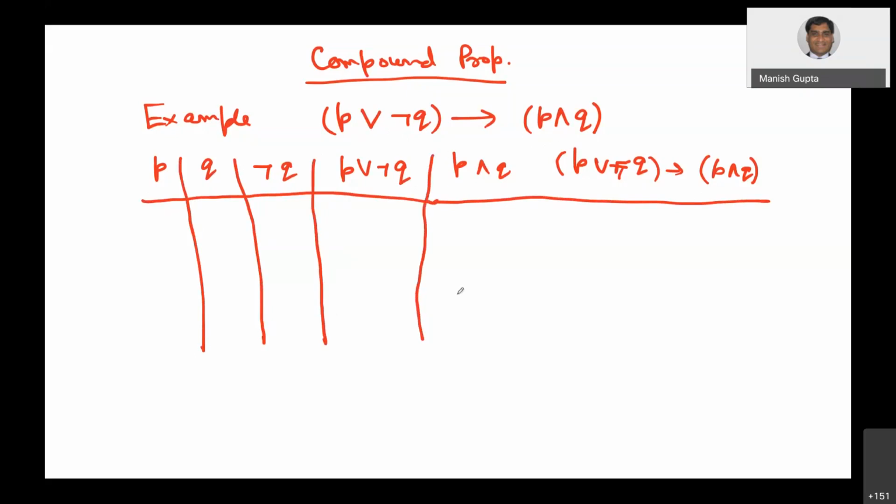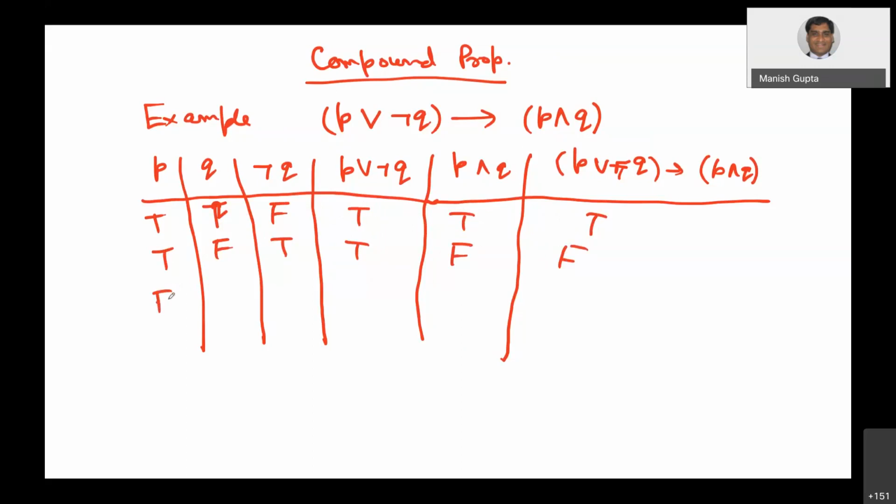So if P is true and Q is true, then negation of Q will be false. P join negation of Q will be true. We can do this from the truth tables. P meet Q will be true, and then this will be true. If this is true, this is false, this is true, this is true, false, false.